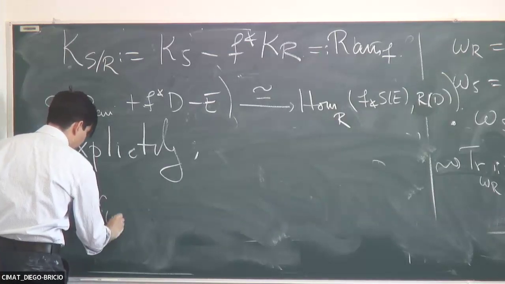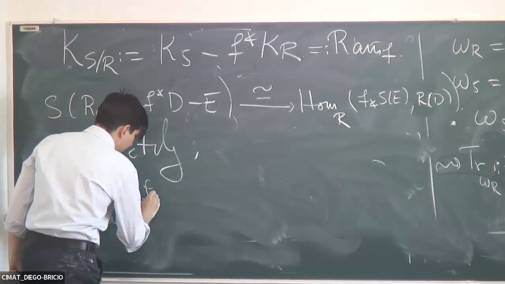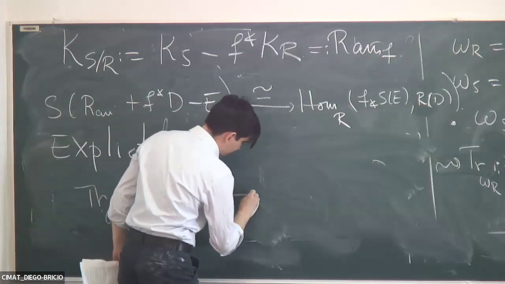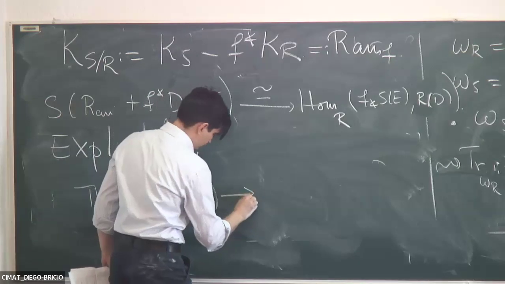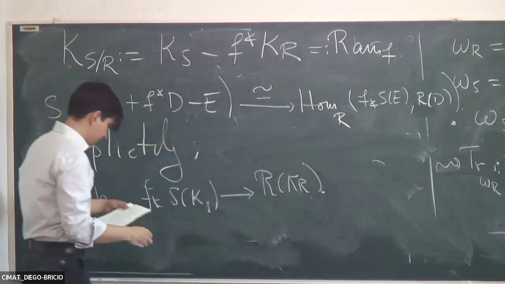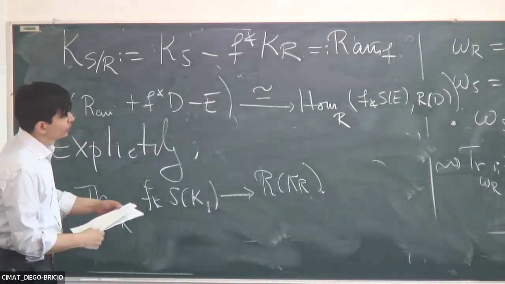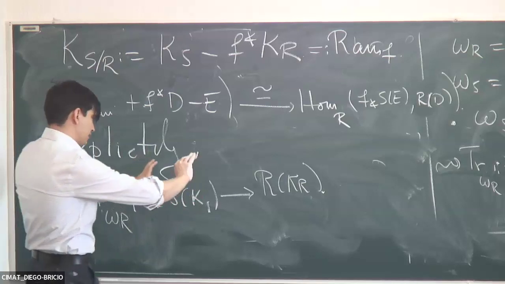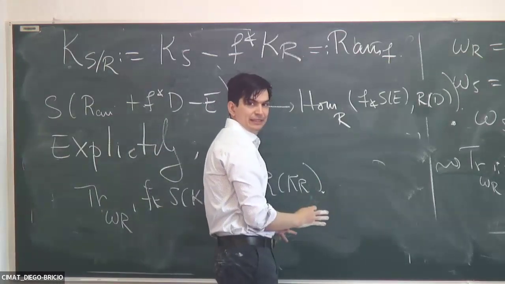We had the trace of omega R. In principle, it's a map that goes from here to here. So the first step is to apply the plasticity here.